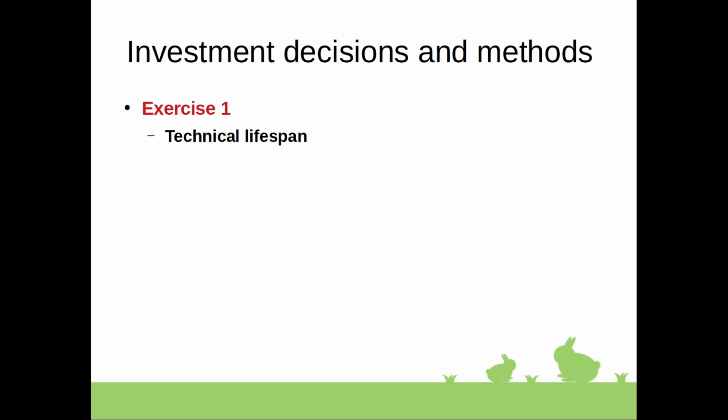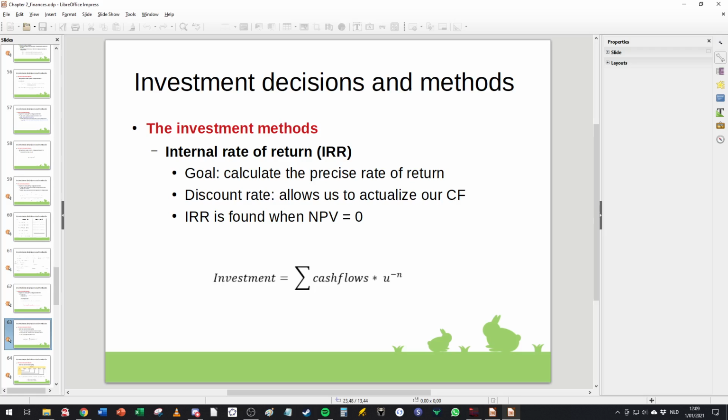Okay, that's it for this video at least. In the next one, I will deal with the exercises, so be prepared for that. I hope you understand the methods. Please remember how every single one of them can be calculated. Do not mix them up, especially the two last ones, the NPV and the IRR. They look alike.